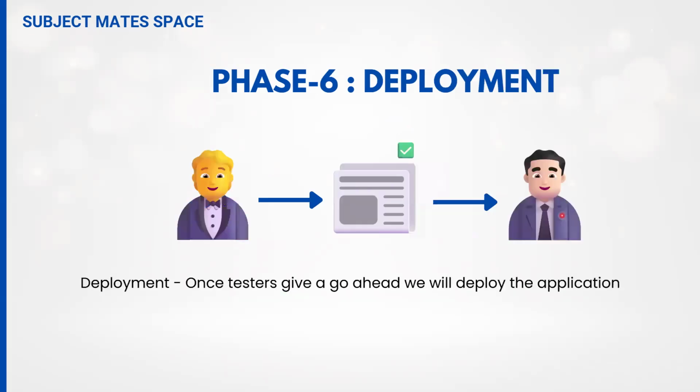Next is the deployment phase. In this phase, once we testers give a go ahead, they will deploy the application to production and then the client will start using it. This deployment phase will only be completed once the testers give a confirmation go ahead.